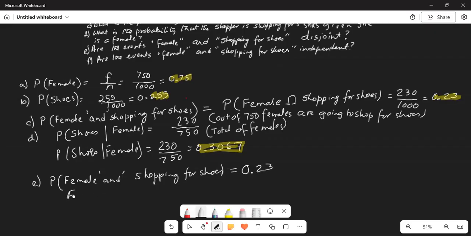So the female category intersects with the category shopping for shoes.